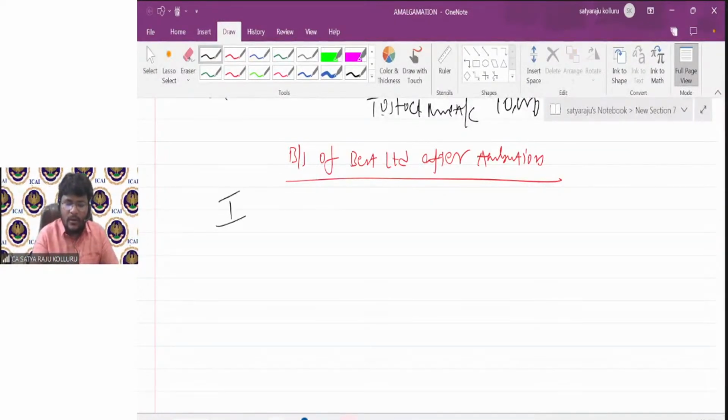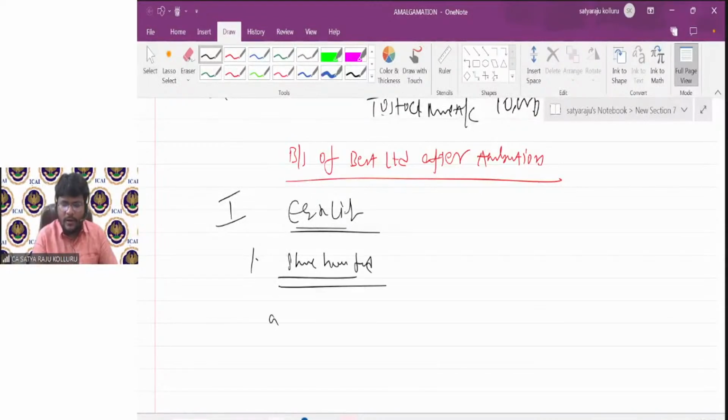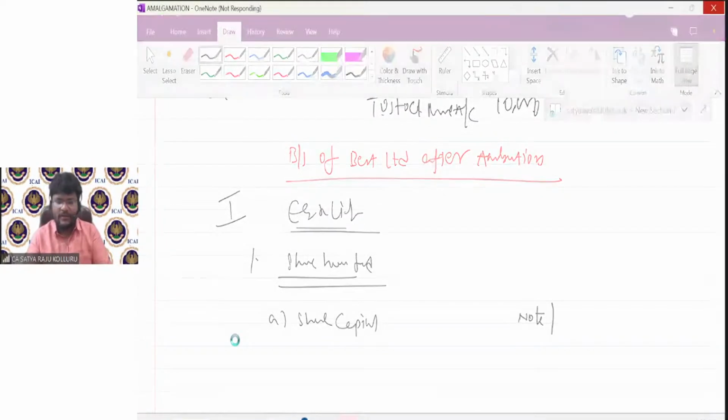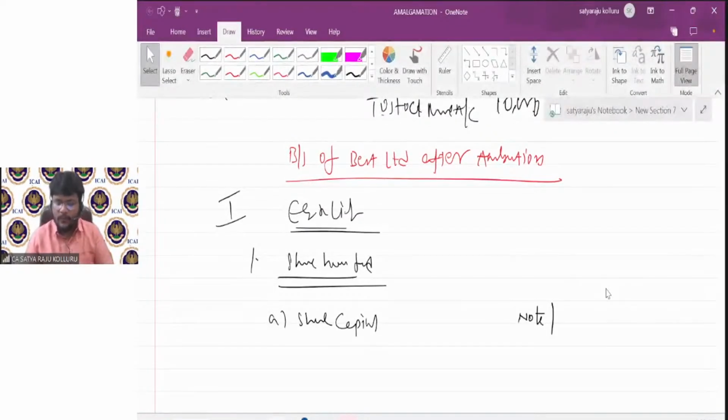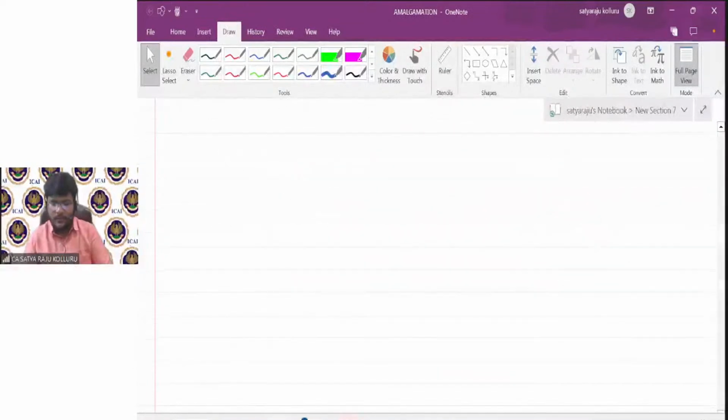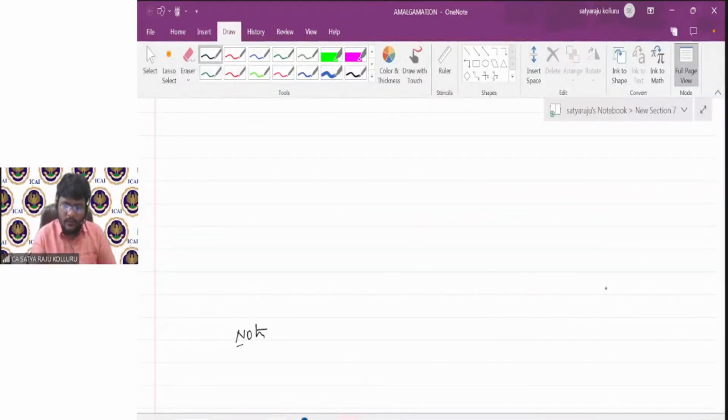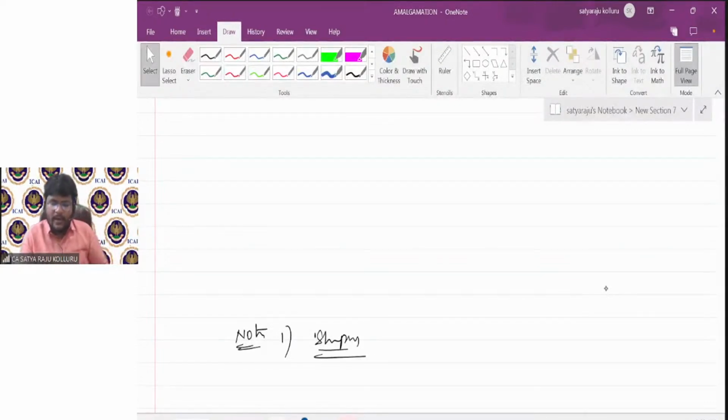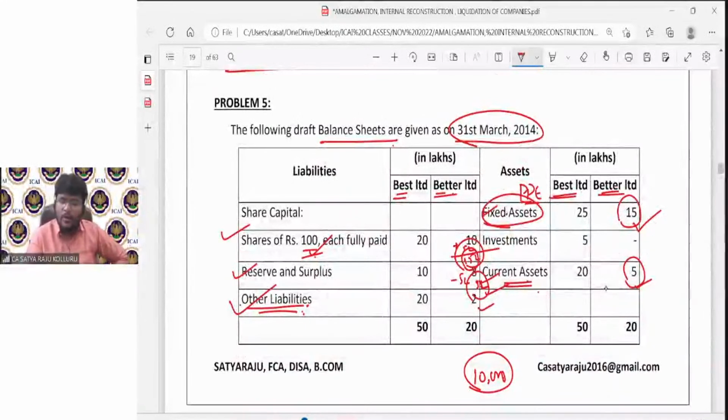Now, number 1, equity and liabilities. Out of that, shareholders' funds. A, you can start with share capital. Actually, you need to provide note number 1. If you go to notes to the balance sheet, note number 1 is share capital. Come to Best Limited. All of you only think from the Best Limited angle. We already have the existing share capital of 20 lakhs.